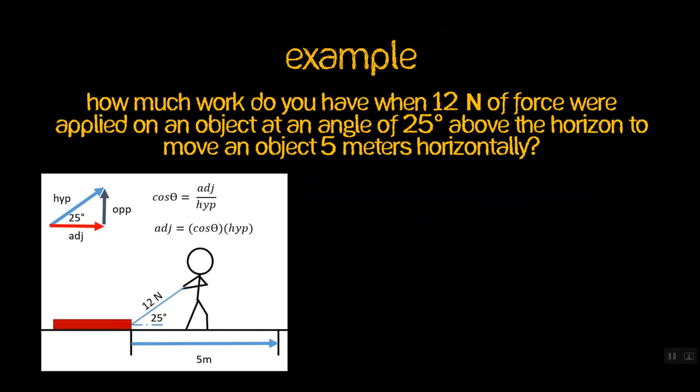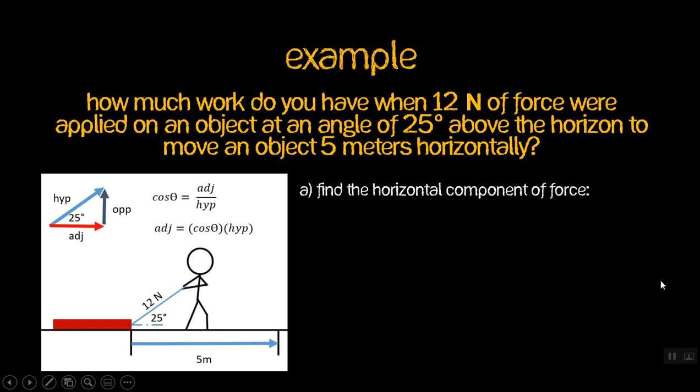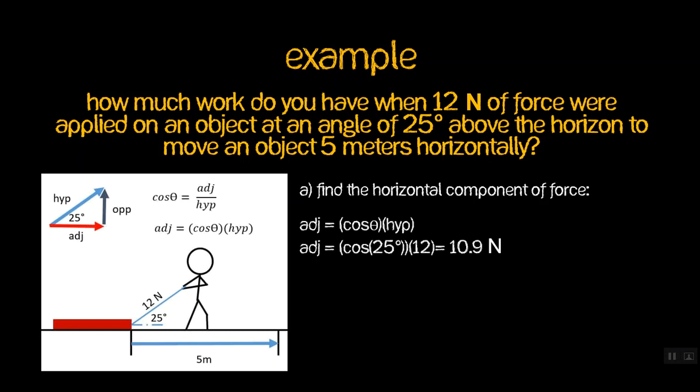Let's look at an example: how much work do you have to do when 12 newton of force is applied to an object at an angle of 25 degrees above the horizontal to move an object 5 meters horizontally? First, we need to calculate the horizontal component of the force, the part of that 12 newton that is pulling horizontally. To do that, we use trigonometry: cos 25 times 12 gives us our horizontal component.